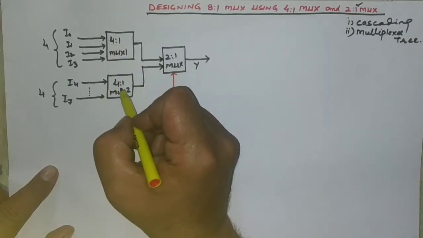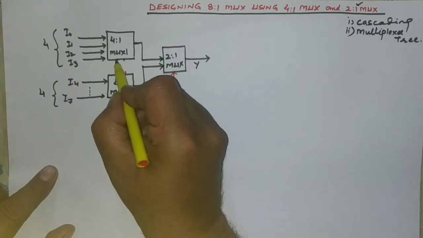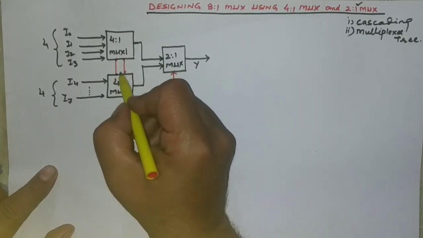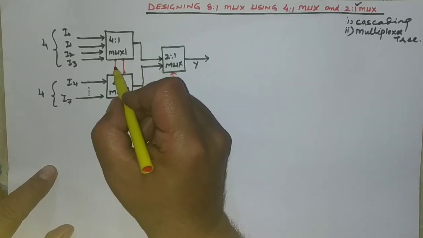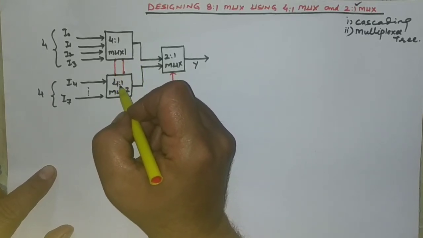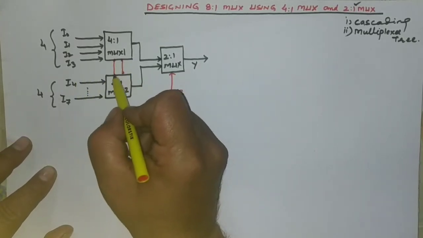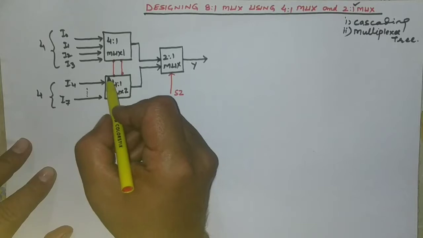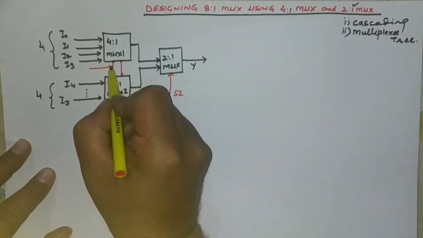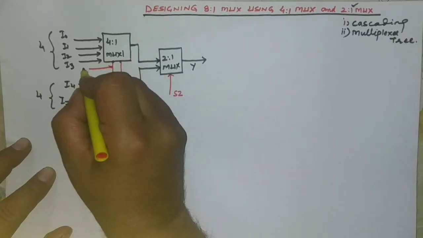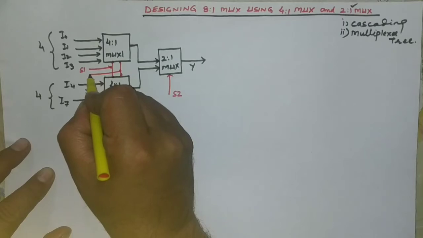This is 4 to 1, this is also 4 to 1, so here we need 2 selection lines, and because at a given time only one multiplexer will be active, so instead of taking selection lines separately for both, we are just combining the selection lines, and we are taking it as S1 and we are taking this as S0.